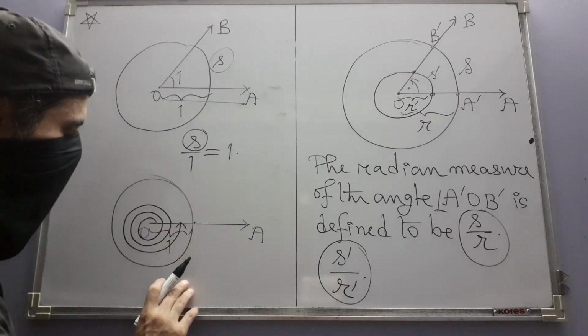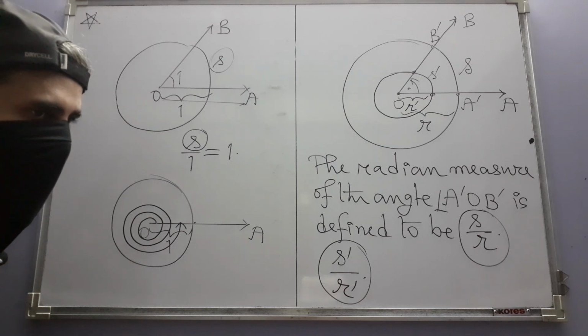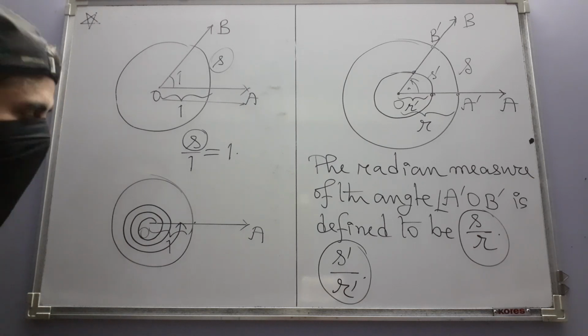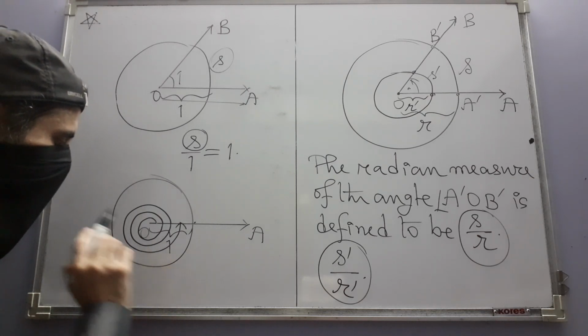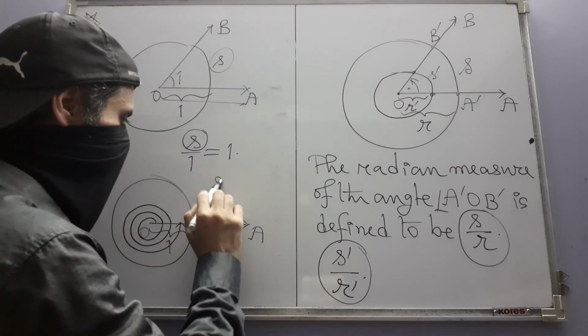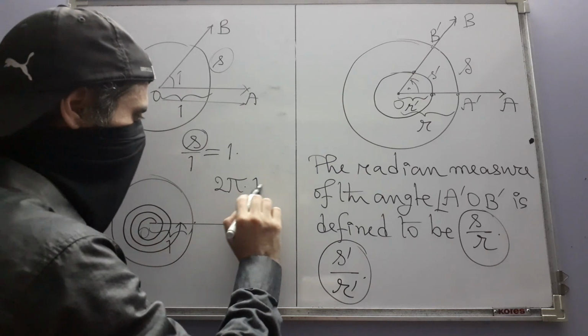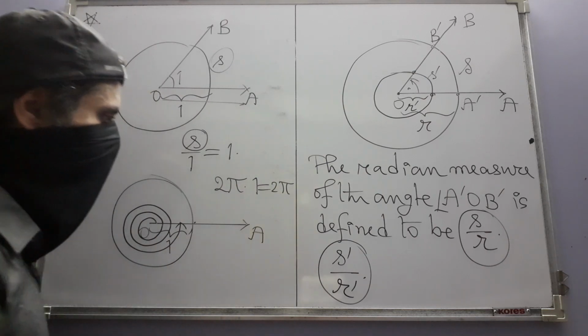One complete revolution corresponds to the entire length of the circle itself, which is its circumference. Because the circle has radius 1, its circumference will be 2 pi times 1, or 2 pi.